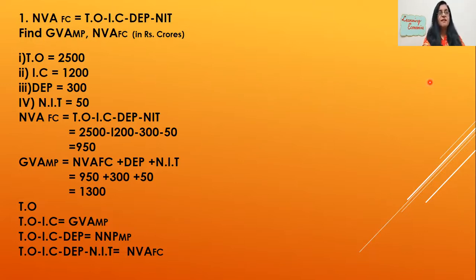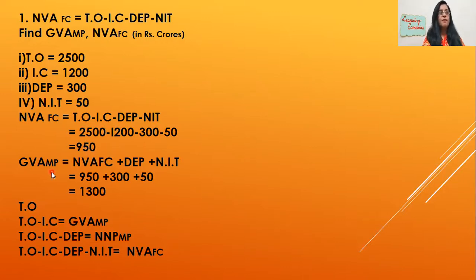We are finding NVAFC, and the formula is written in a single statement: total output minus intermediate consumption minus depreciation minus net indirect taxes. Step by step we'll do the calculation. We have taken total output as 2500, intermediate consumption as 1200, depreciation as 300, and net indirect taxes as 50, and the total value was 950.